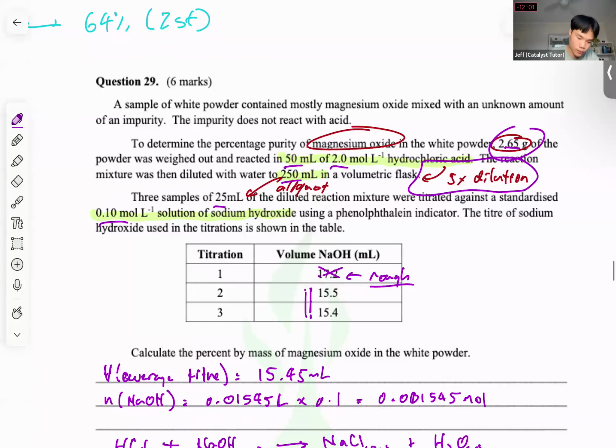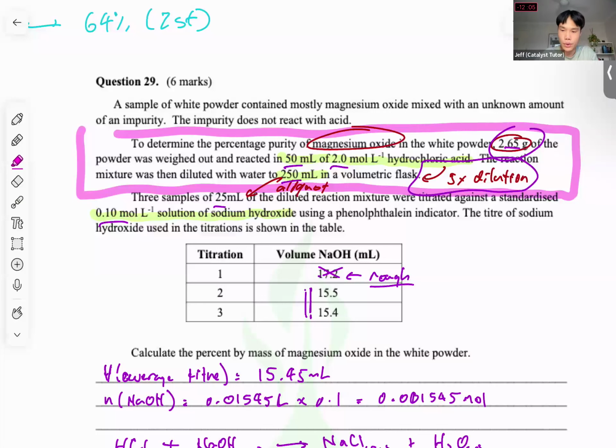The way that you know is if you read something like this second paragraph, you know it's going to be a back titration. Typically, if you're trying to find percentage purity, that's usually a giveaway that you're doing a back titration.